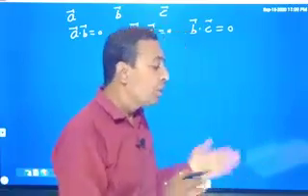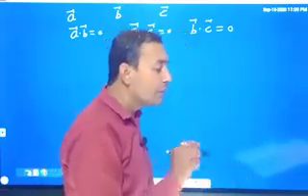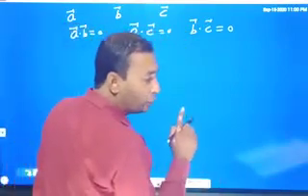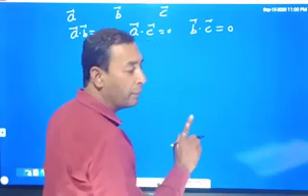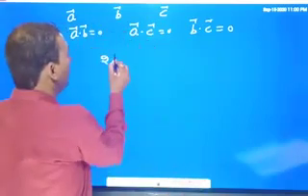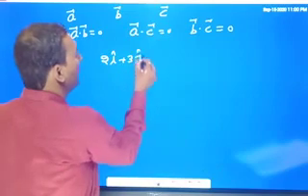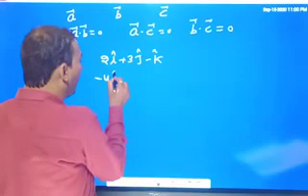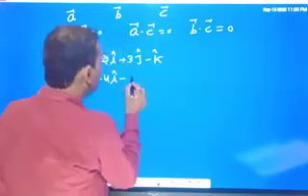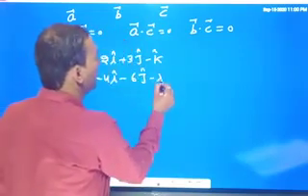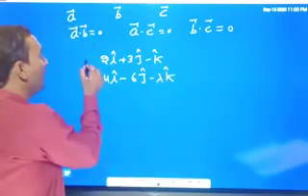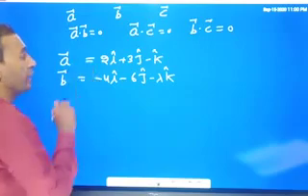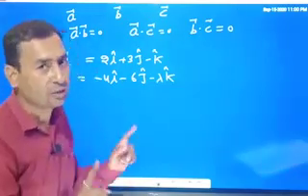The next question is to find the value of lambda where two vectors are given. Example number 18: 2i cap plus 3j cap minus k cap, and minus 4i cap minus 6j cap minus lambda k cap. Find the value of lambda such that these two vectors are parallel to each other.